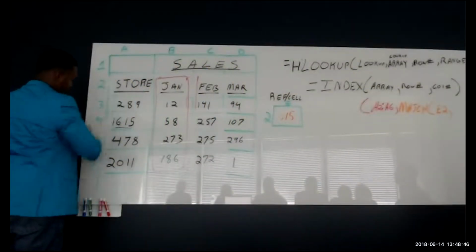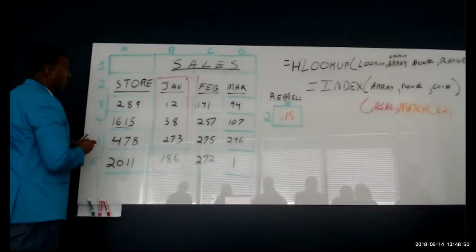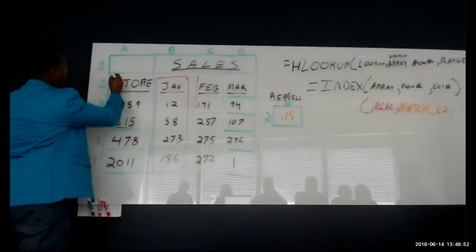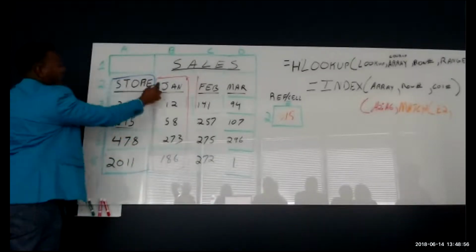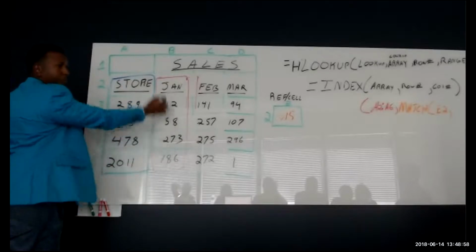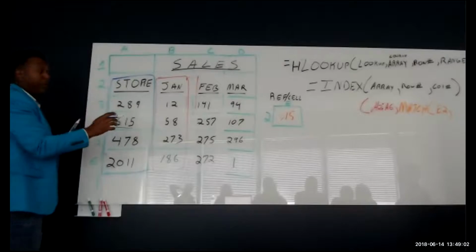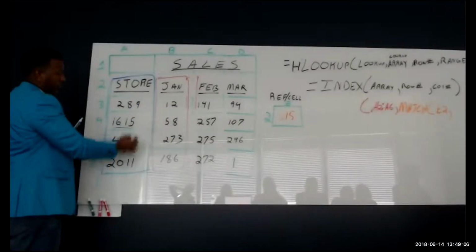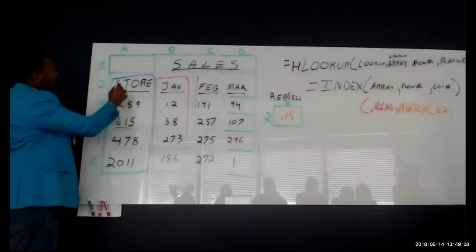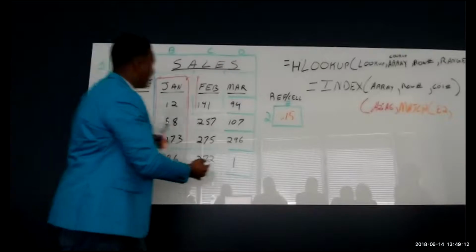Now I'm going to use this new array. Same number of rows on this one, right? That's very important as well. When you do this, make sure that the rows match, same number of rows.